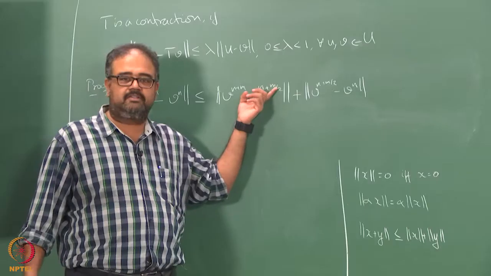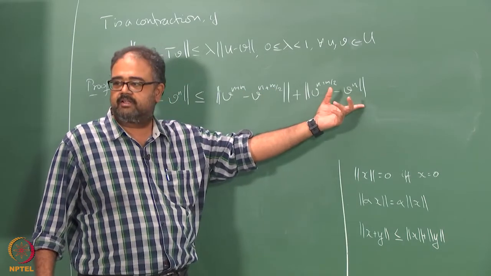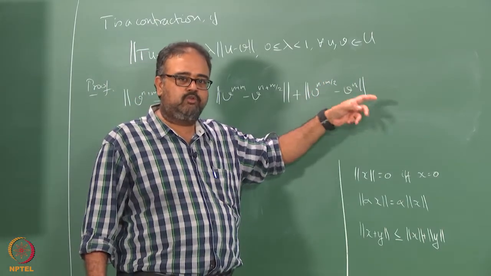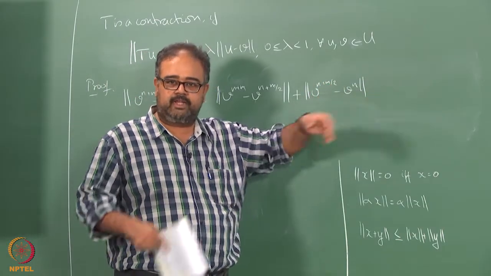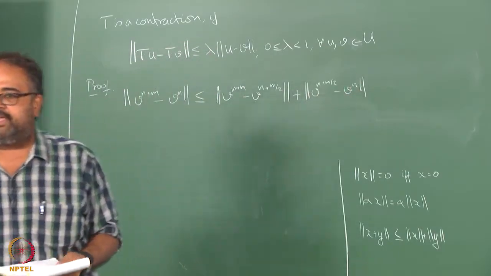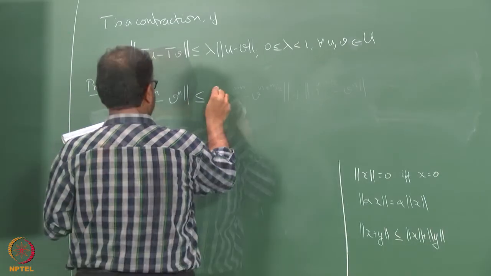But there is no sanctity about doing this. In fact, I can split this further. I can say Vn plus m by 2 and then n by 4, and split that and do that. In fact, I can do this for every step along the way. So I am going to replace it with this.